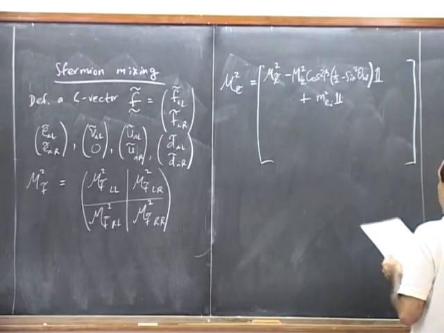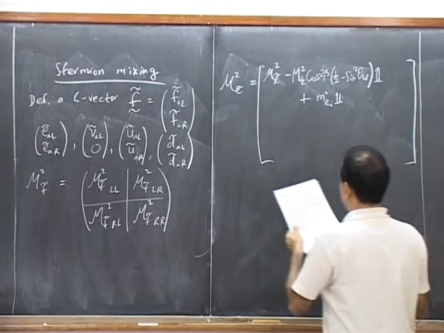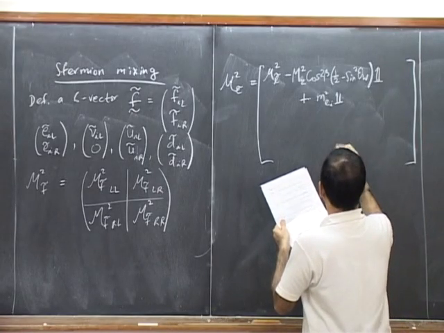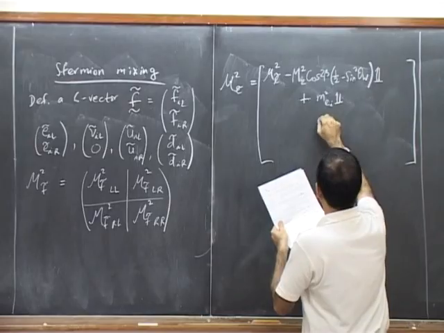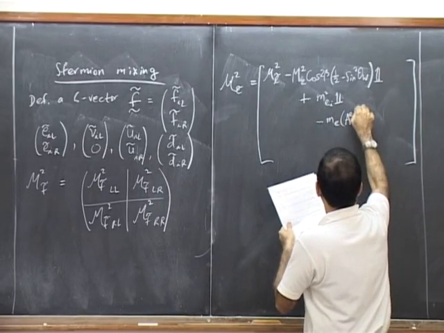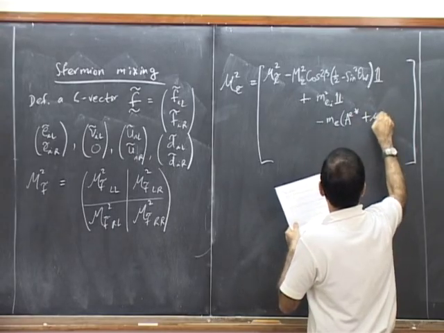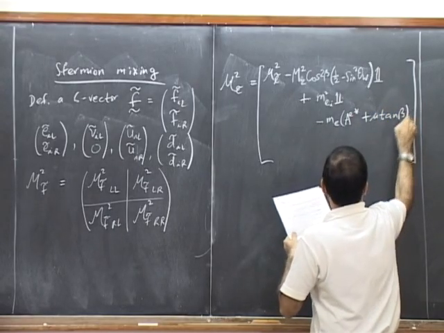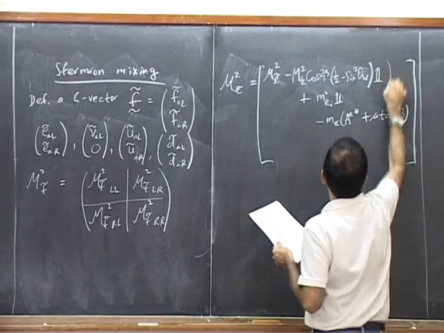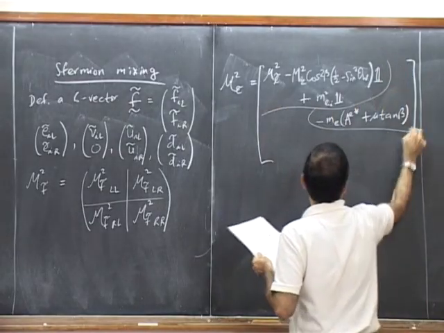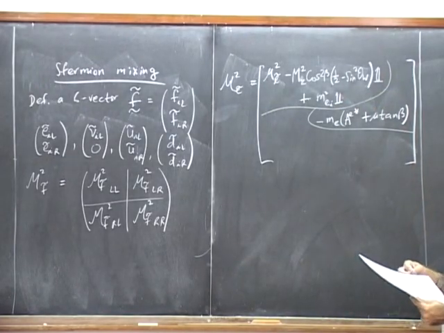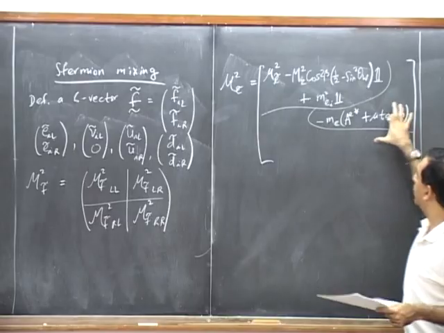This is the top left part. It's a little awkward to fit it all on one blackboard. The top right part is minus m_e times something; I'll explain. This is the top left, and this is the top right.